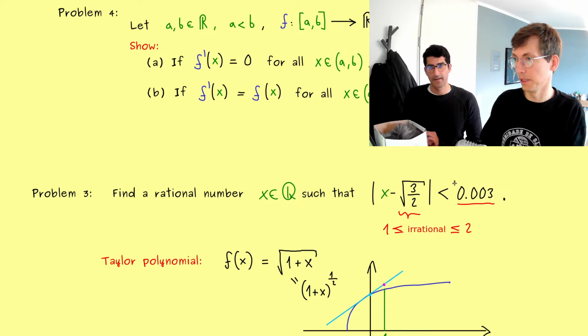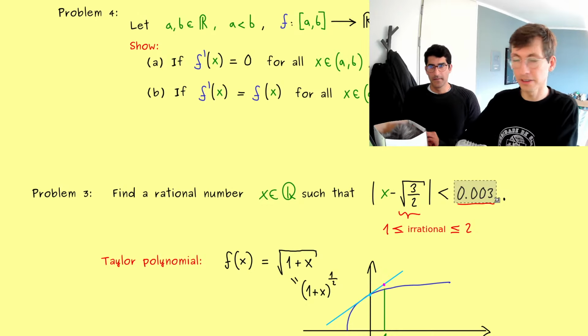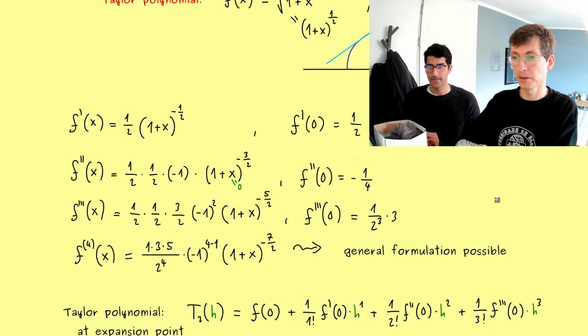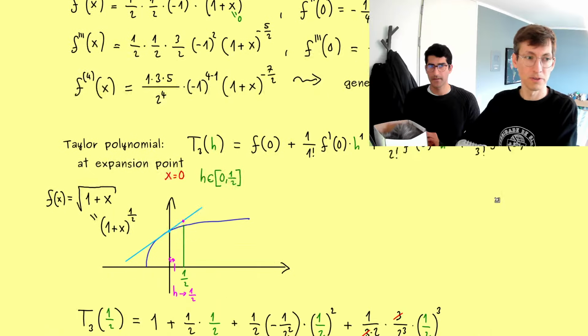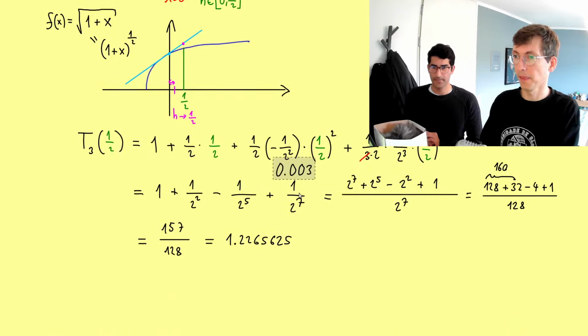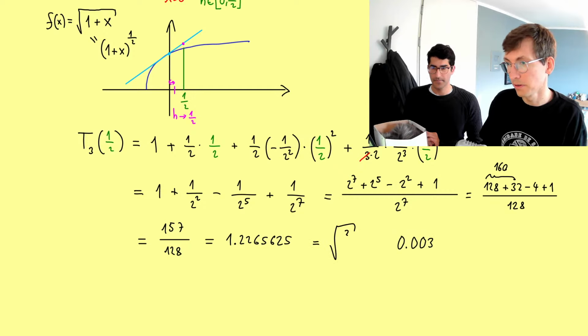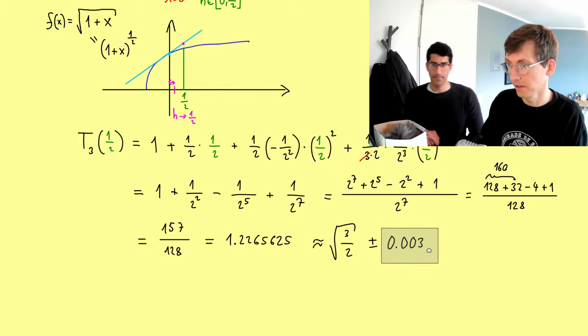That was by choice, because if you know how accurate your approximation is, then we know something about the digits we see now. I want that this one is equal to, maybe approximated, not so important, plus minus this accuracy.